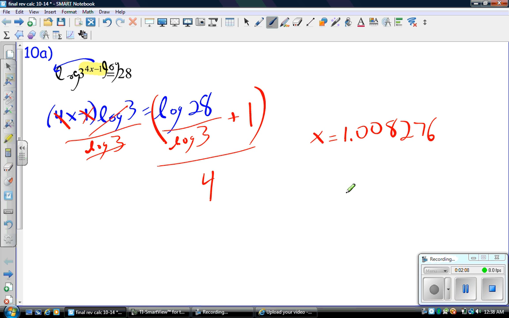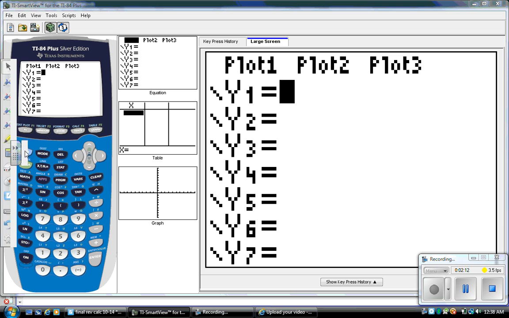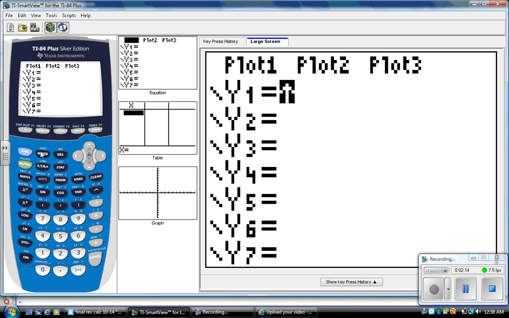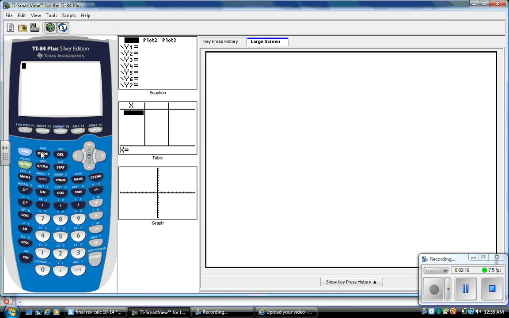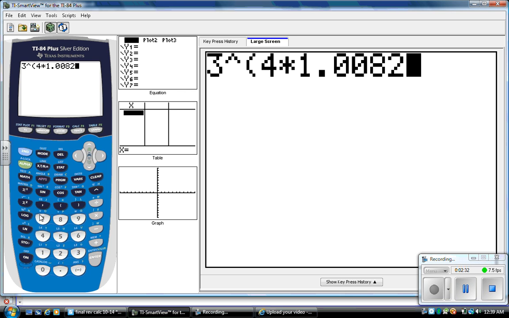And remember, you've got a calculator. You can check this actually. Not even in your y plots. You could plot it, you could graph it, but I'm just going to do 3 raised to the, and put this all in a parenthesis, 4 times that answer I got for x, 1.008276, minus 1.